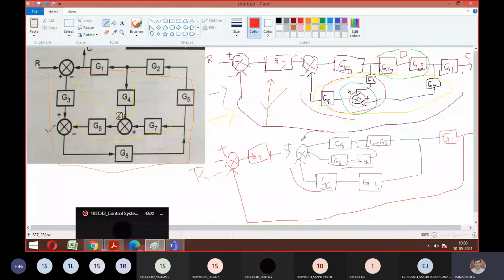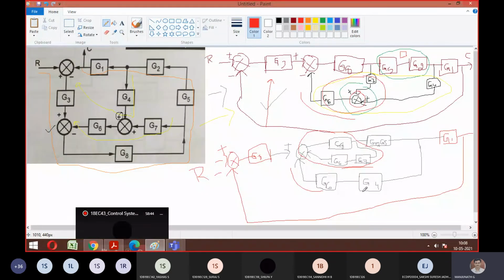You can look here. This is one feedback path. Agree? Then that combination is going to be cascade with this G2, G5. Agree? Then again, this G4, G6 in cascade, that combination is going to be one more feedback path.